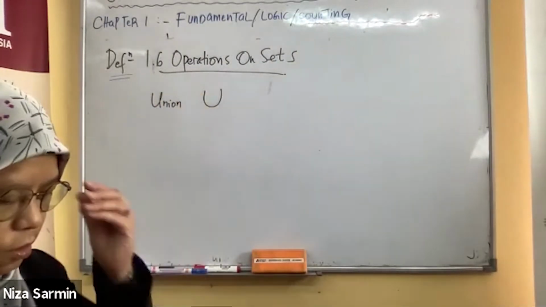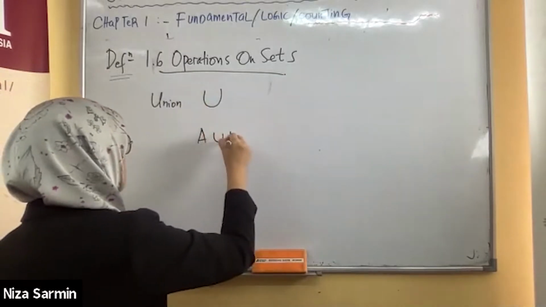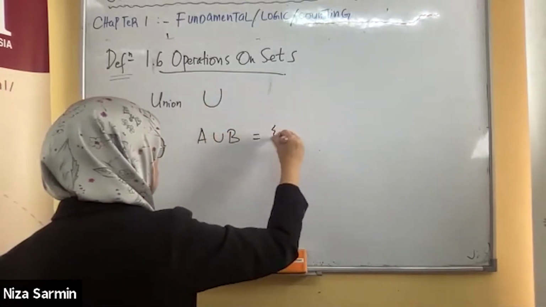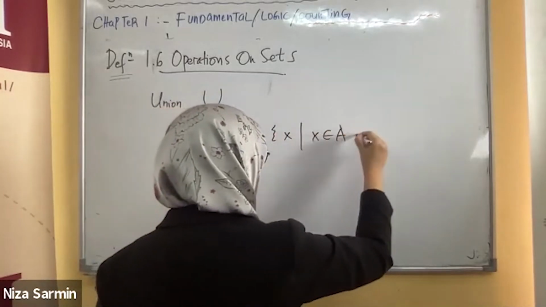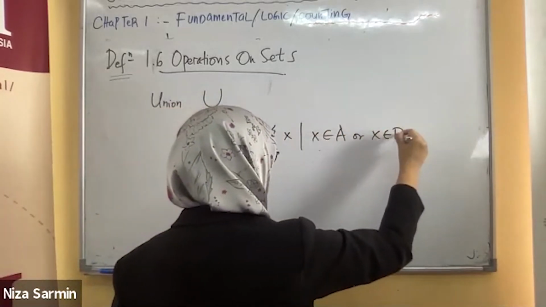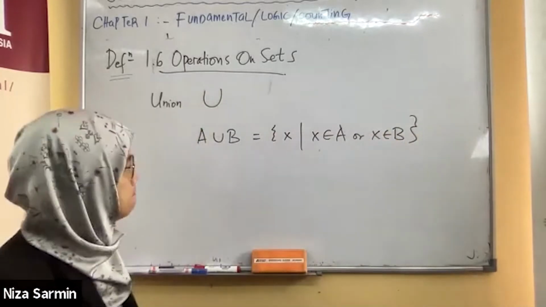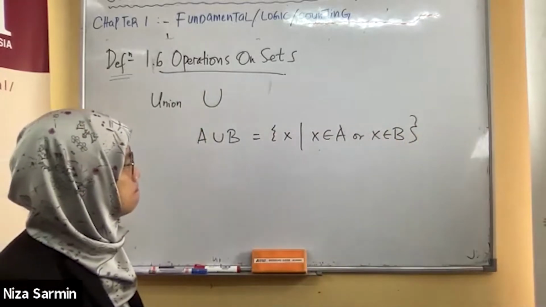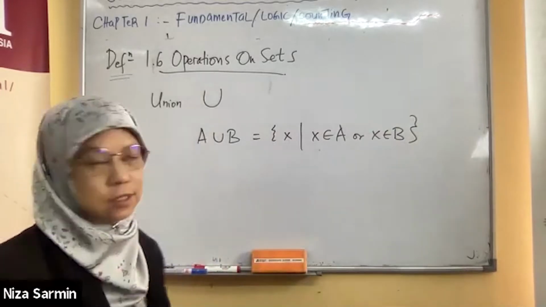A union B is the set of X in A or X in B. When I put X, it means X is in the universal set, right?